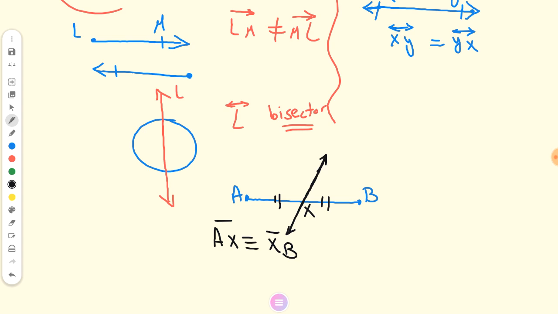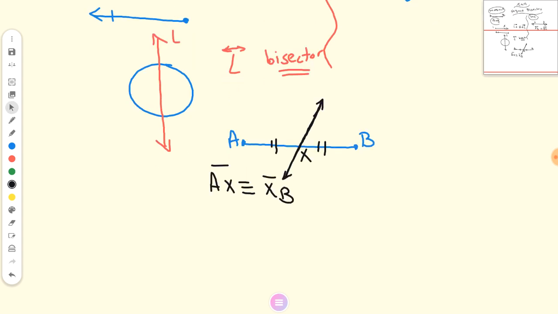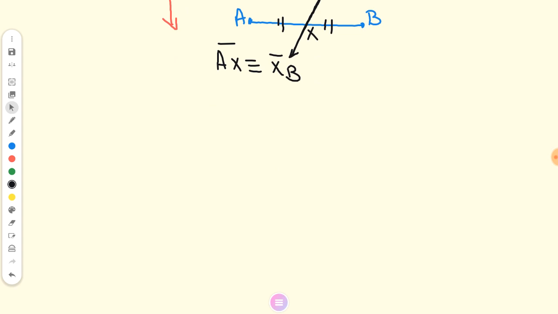Example: find the segment's lengths. M is the midpoint of the line segment AB.